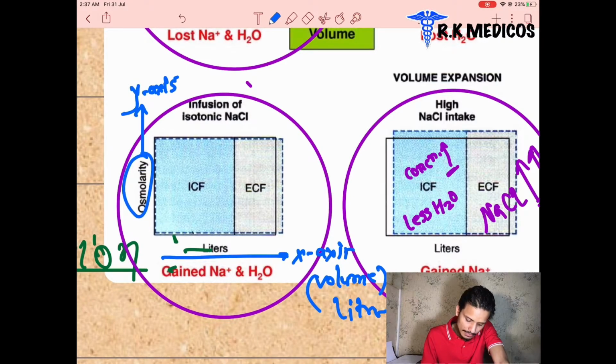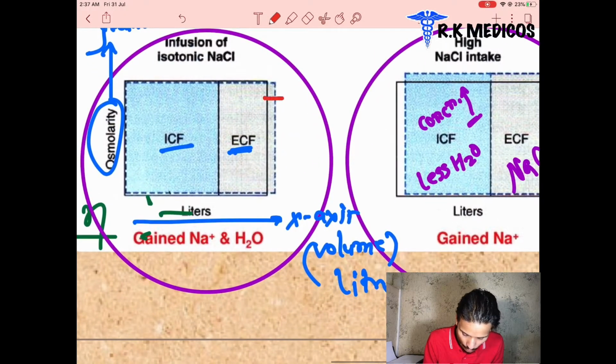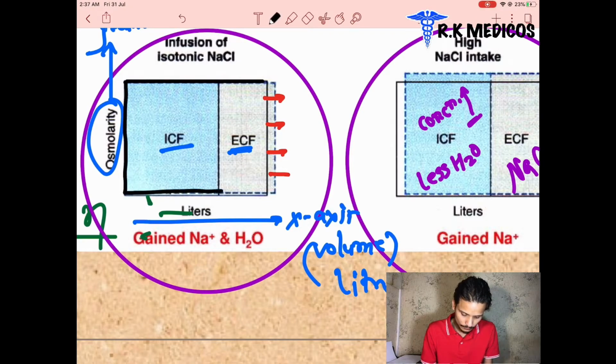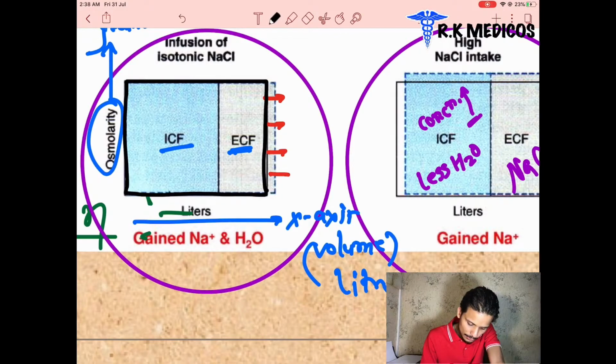So this is the intracellular fluid and this is the extracellular fluid. What is increased in this picture, in this whole compartment? You can see clearly, the compartment is going to increase.